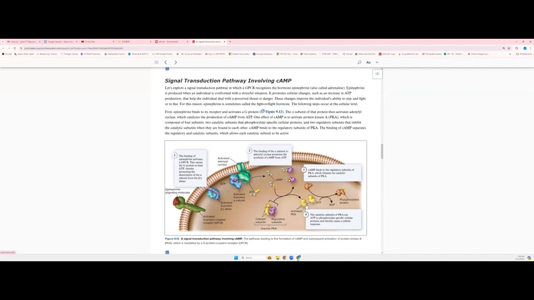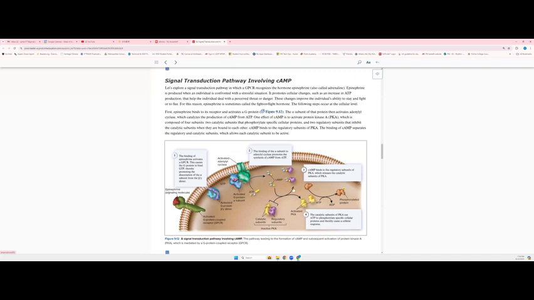Then this released catalytic subunit will phosphorylate some specific protein inside of the cell, and due to this phosphorylated protein, some kind of cellular response will occur.